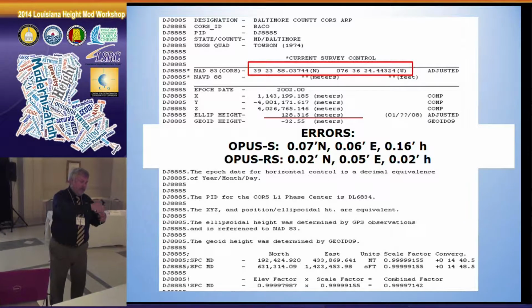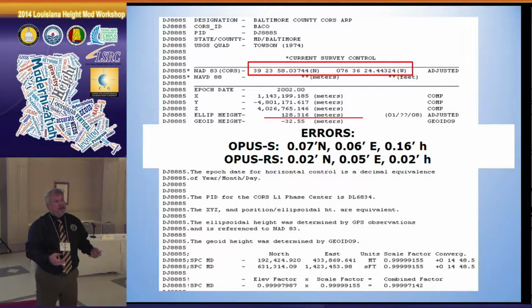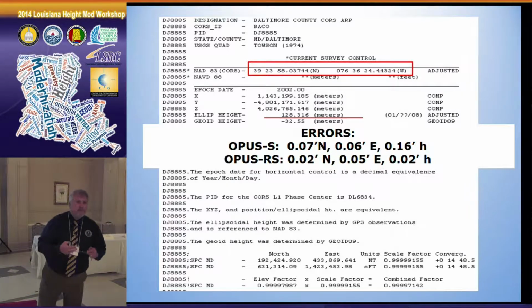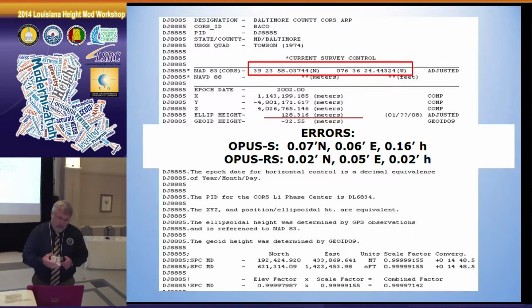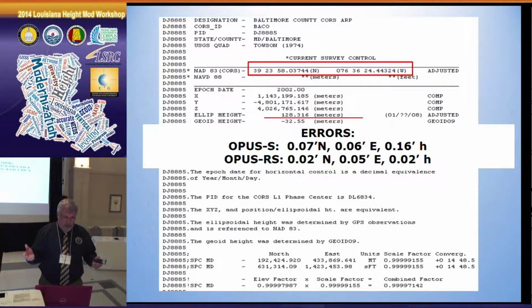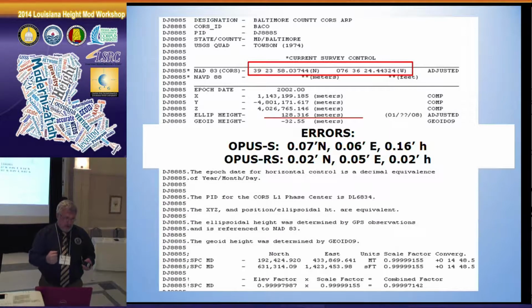So in this case, you're getting a better answer. You don't always get a better answer, but the point is, use both tools. You can use both tools with your data. If you say, I've got 4 hours of data, I can't do OPUS Rapid Static, well, you can. Just chop it in half, and you could do 2-hour sessions to OPUS Rapid Static.